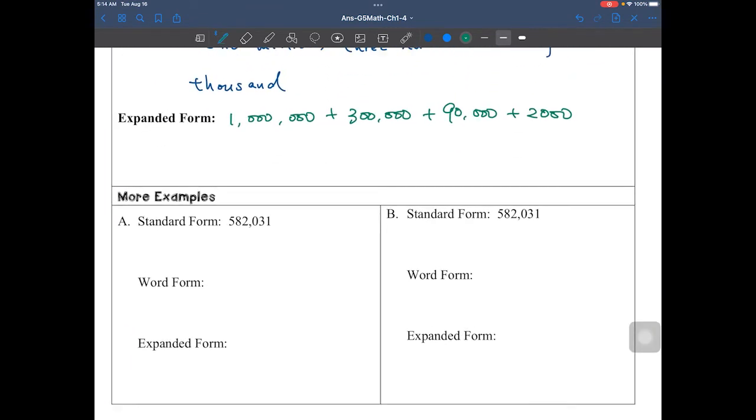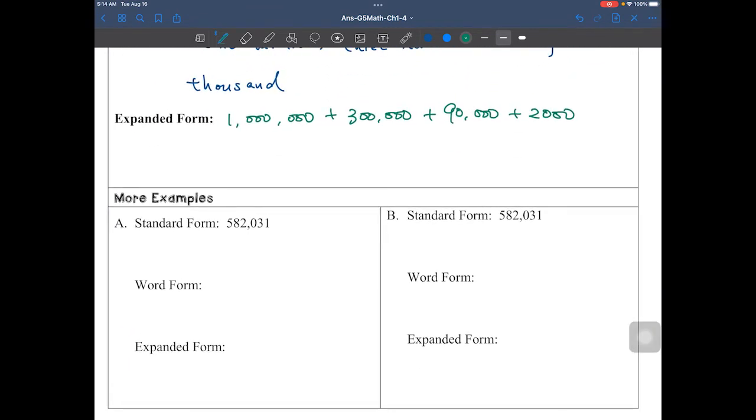For now, there are some examples, like standard form.